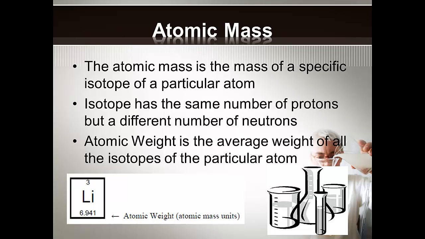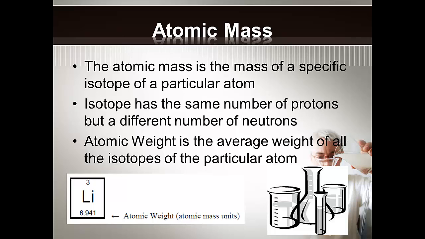So, let's have a look at the concept of atomic mass. Atomic mass is the mass of a specific isotope of a particular atom. Quite often, as you've probably seen on the periodic table, we use atomic weight, which is the average atomic mass of the naturally occurring isotopes.